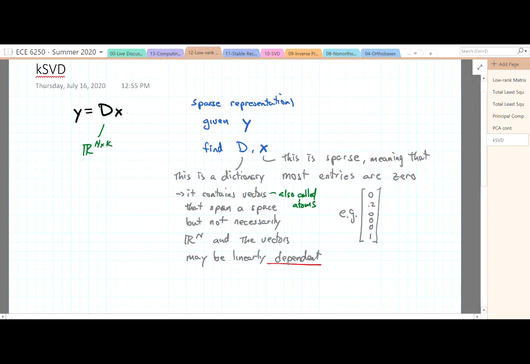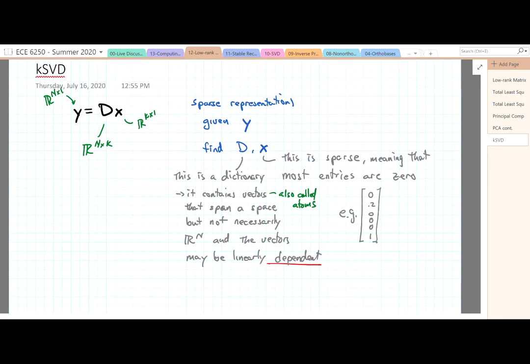Then, of course, x is going to be k by 1, and y will be n by 1. So, this is the basic problem we're trying to solve.